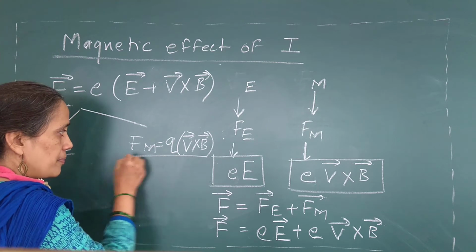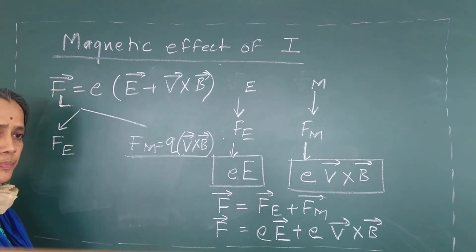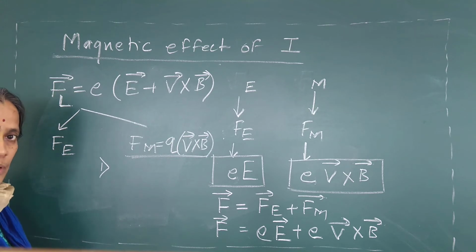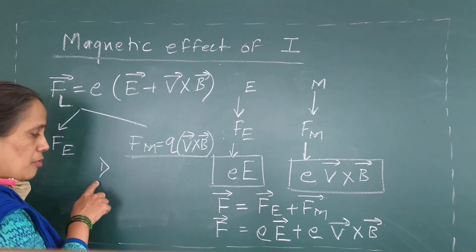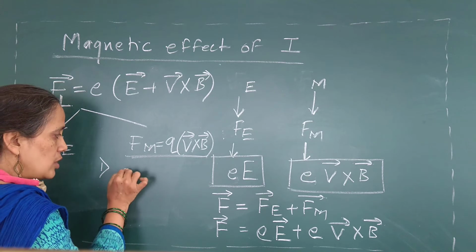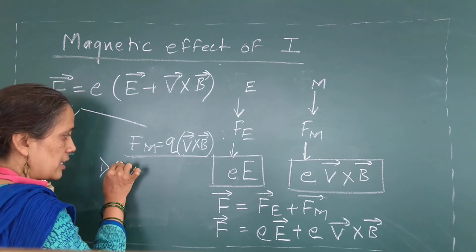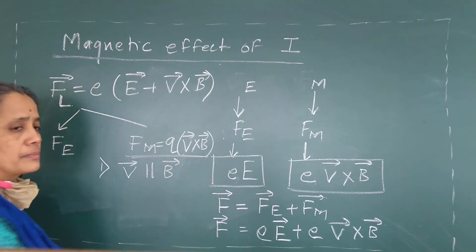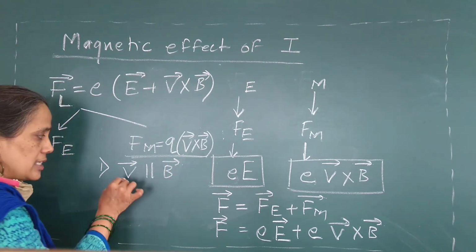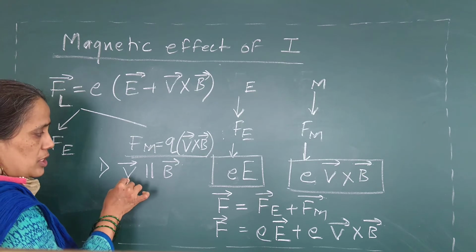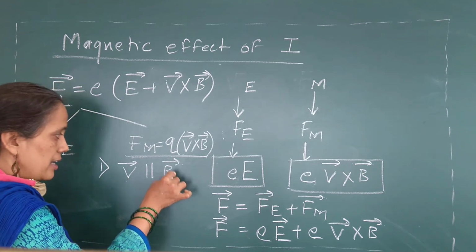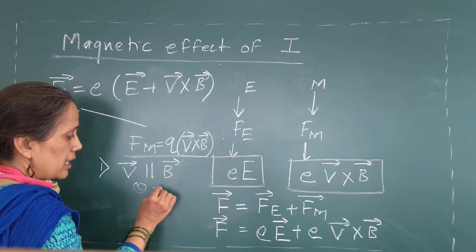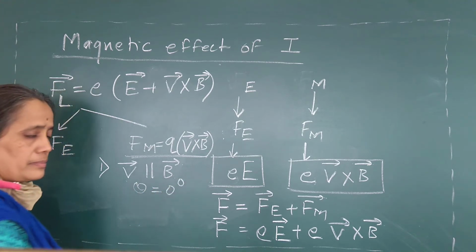Now in this magnetic force, I can consider two special cases. The first case: if your charges are moving with a certain velocity v which is parallel to the magnetic field, then the angle between them will be 0 degrees.